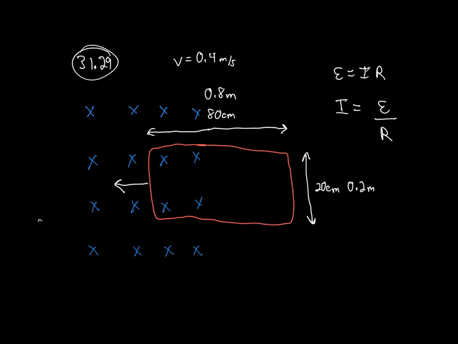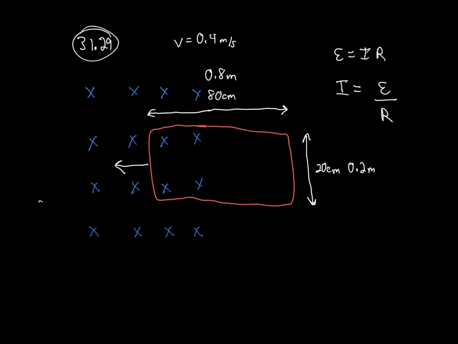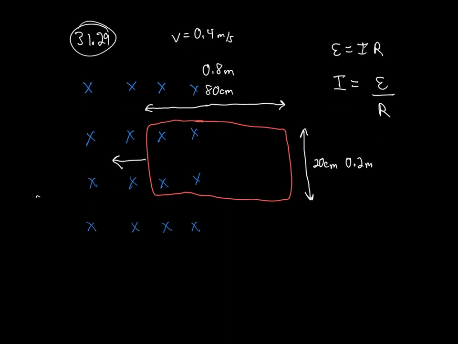There's a couple keywords that they give you to tell you how to find the resistance. They tell you that this wire is made out of copper, and they give you the radius of the wire. That leads you to the equation for resistance, rho times L divided by A. This goes back to chapter 26, I think, so that requires knowing that chapter.